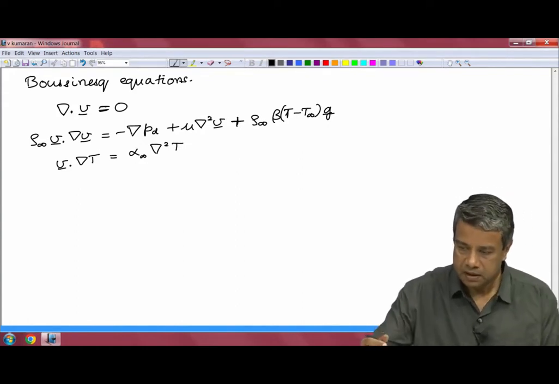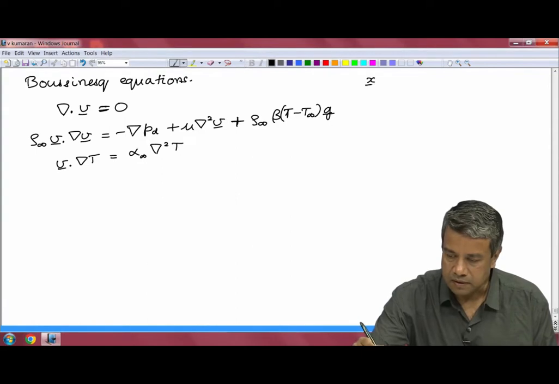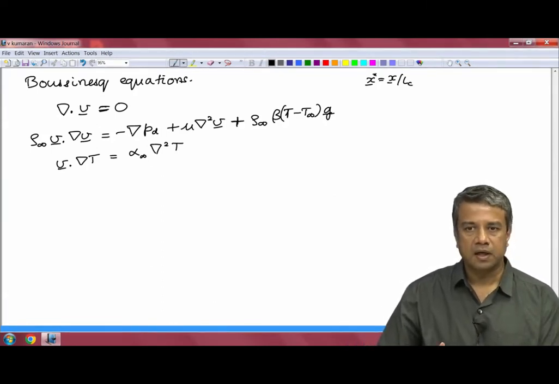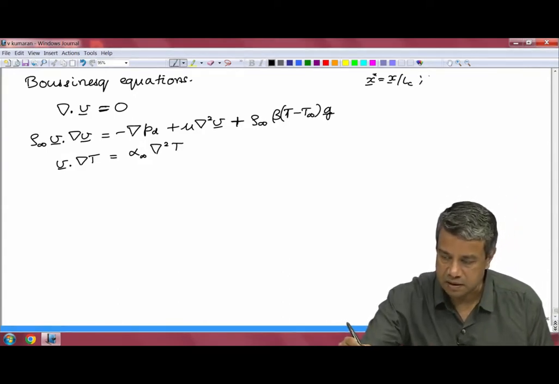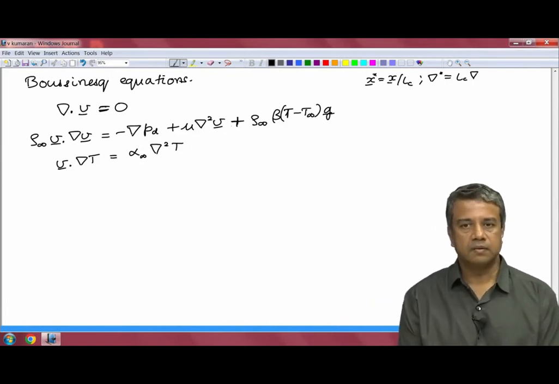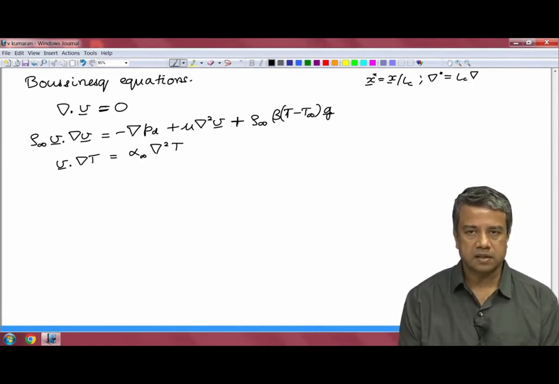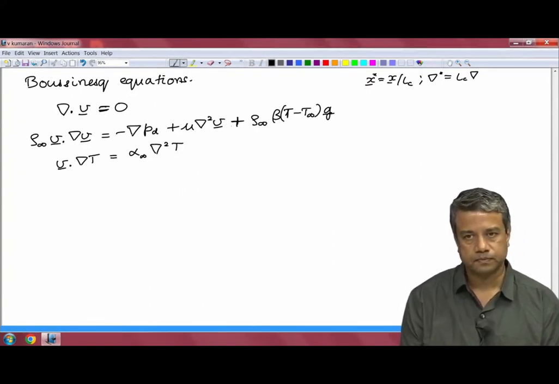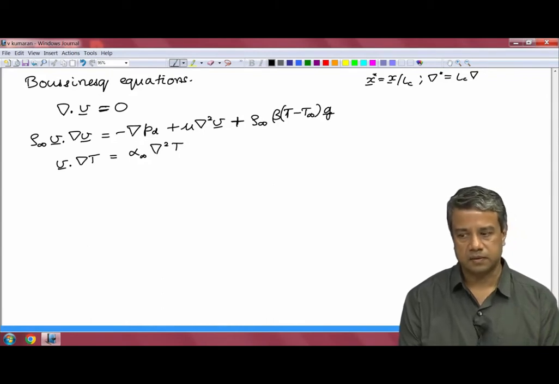The natural length scale for the position vector is the characteristic length of the object. And since the gradient has dimensions of inverse distance, the scaled gradient can be written as L_c times grad, where gradient has components partial by partial x, partial by partial y and partial by partial z in 3 dimensions, and you scale each of those x, y and z.